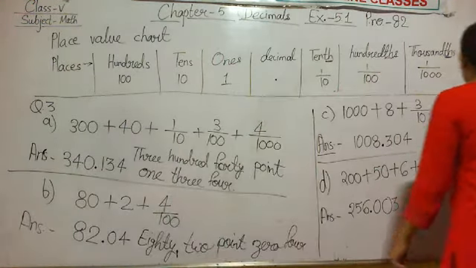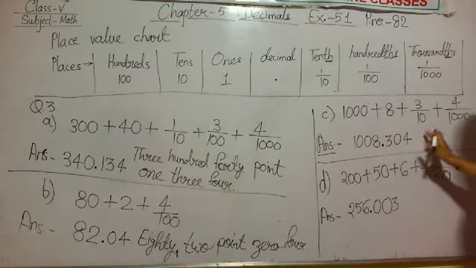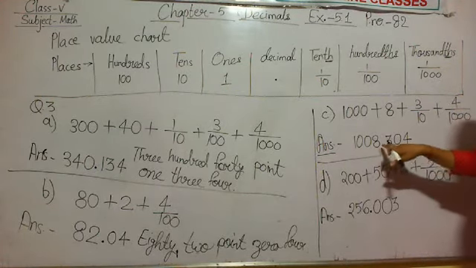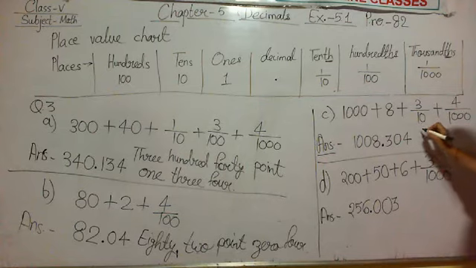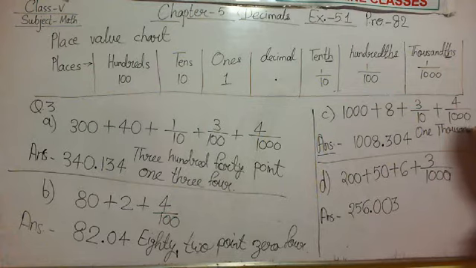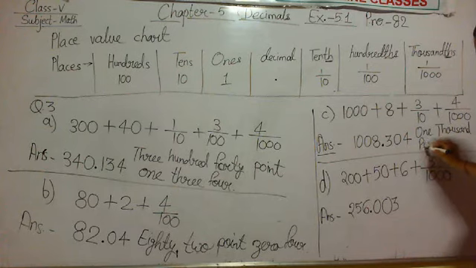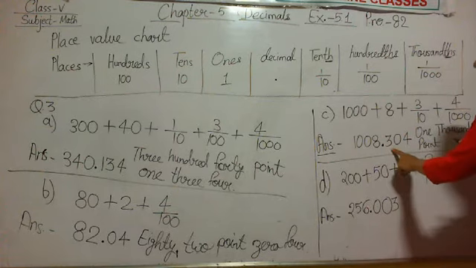Now write the number name of this. So here 1000.304, write in words: 1000 point 304.